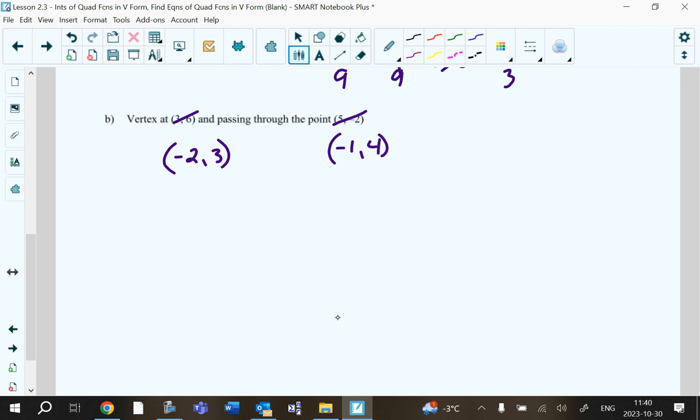The point on the line is -1, 4. Yeah, so this one becomes plus inside the parentheses, doesn't it?